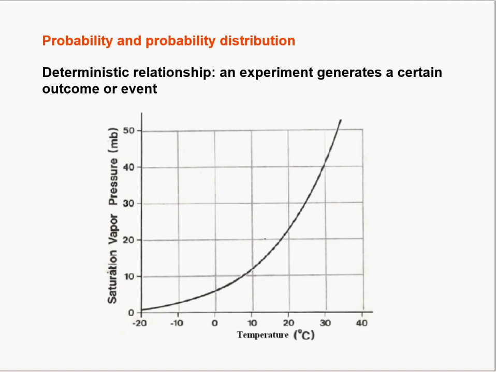For example, in a lab-controlled environment, scientists measure the relationship between the temperature and the pressure exerted by the air mass on the container. They discover that when temperature increases, the pressure exerted by the molecules on the container rises with temperature, which can be described with this curve.